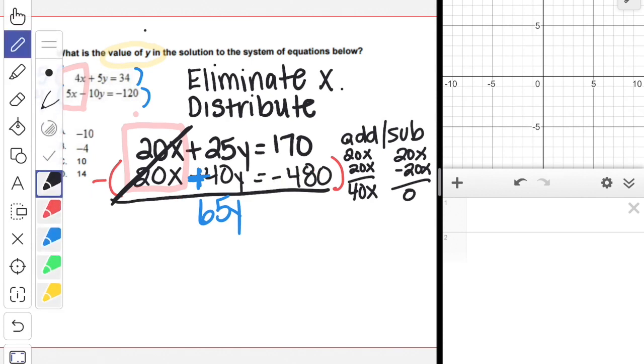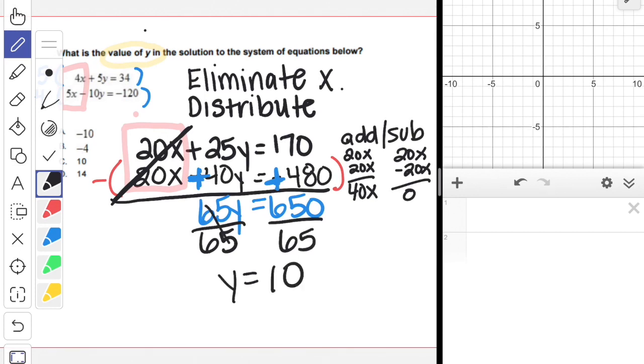Minus negative 480, again, is going to change this to plus. I have 170 plus 480, and that's going to give me 650. So we have solved for y here. And we're going to finish that by dividing by 65. So you should get that y is equal to 10.